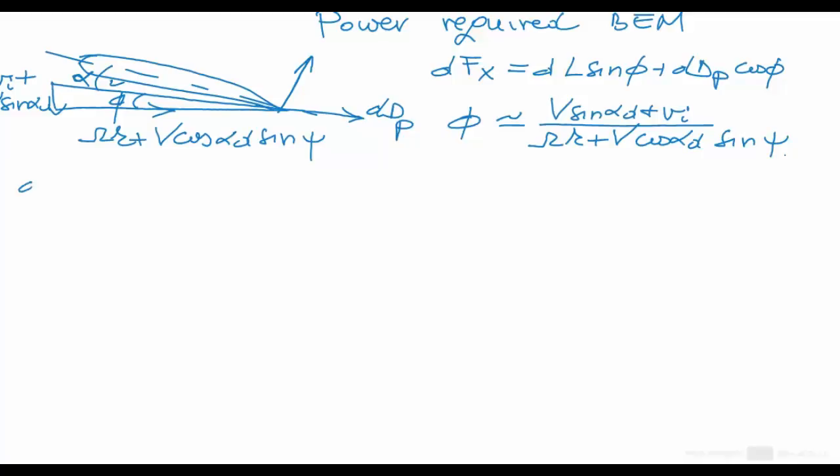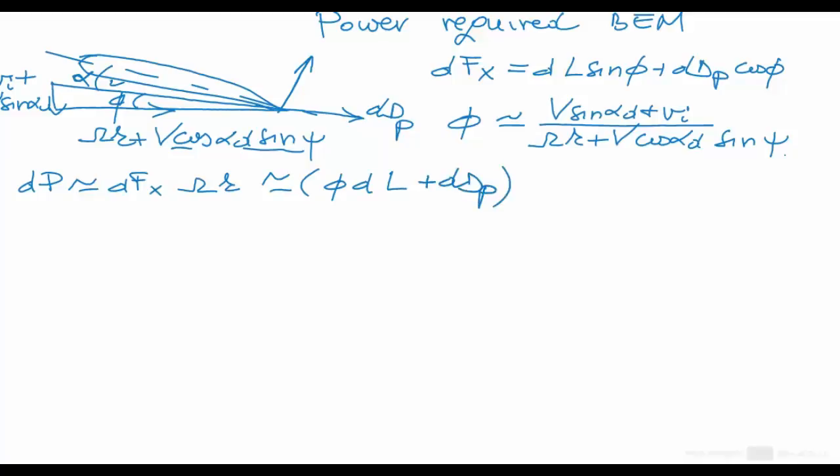It means that the power on the blade element, dP, is approximately dFx multiplied by omega r. We neglected this part of the term. Approximately, this is phi dL plus dD profile multiplied by omega r.